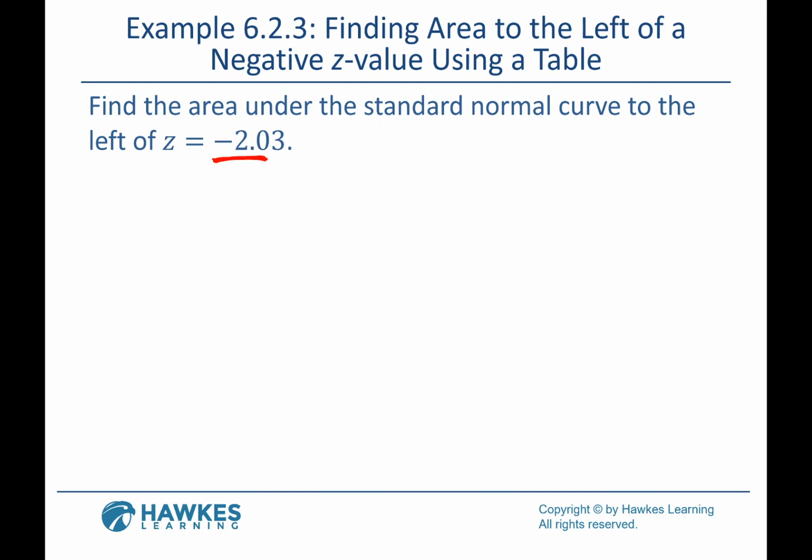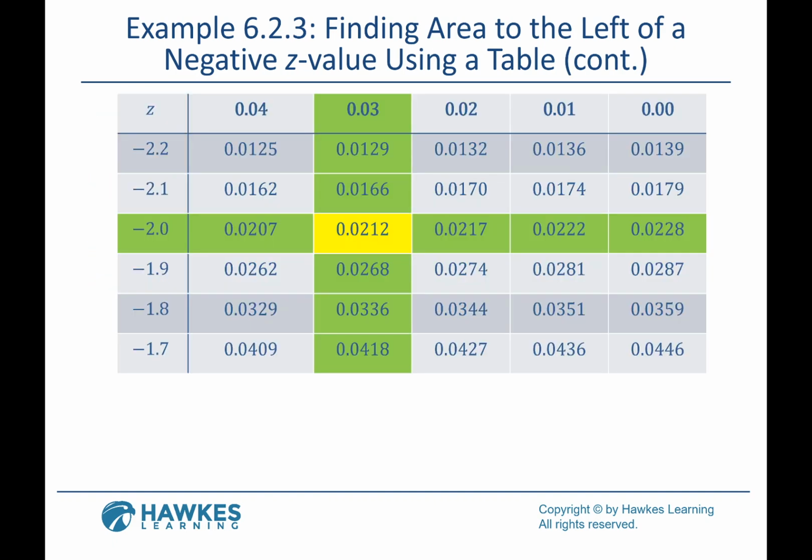And then we look down the left-hand column for negative 2.0. And then we go across the top until we get to the one that ends with 3 to get our last digit. So down to negative 2.0, over to 3, and we get 0.0212. You should find that there.